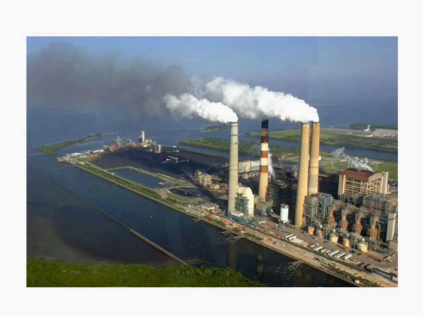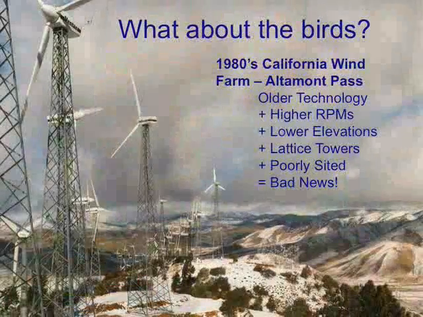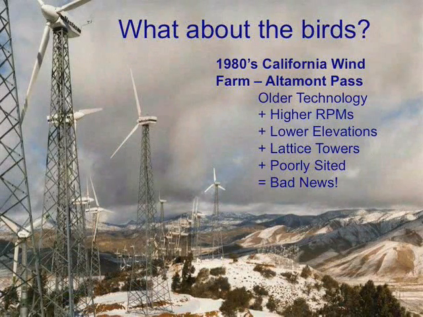That leaves us with the third concern. What about the wildlife? What about the birds? Wind turbines got a bad reputation in the 1980s from the Altamont Pass wind farm in California. This was one of the earliest large-scale commercial wind farms, and so there was a learning curve.